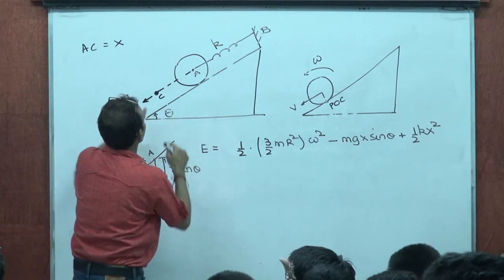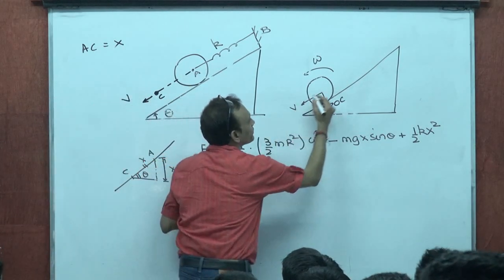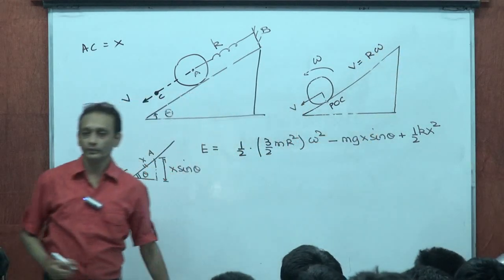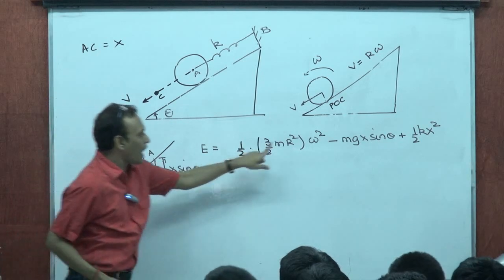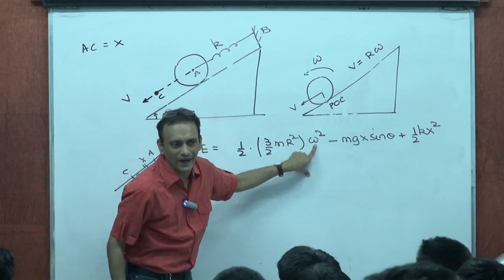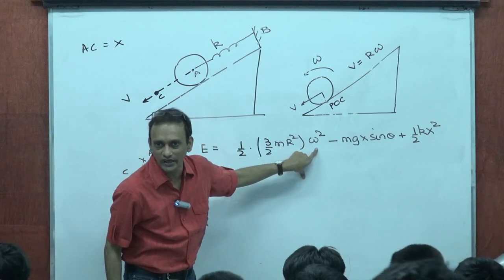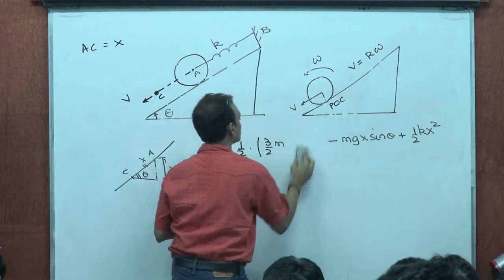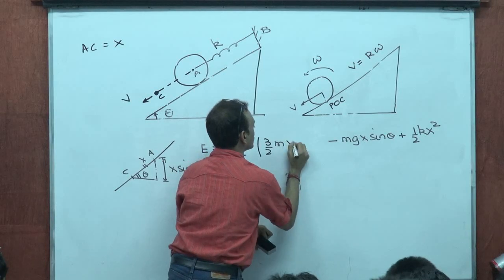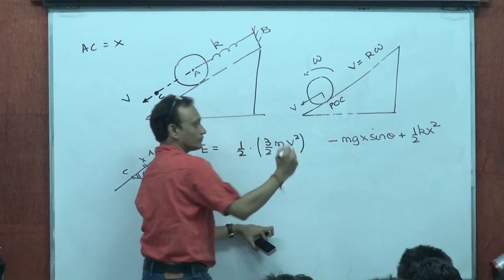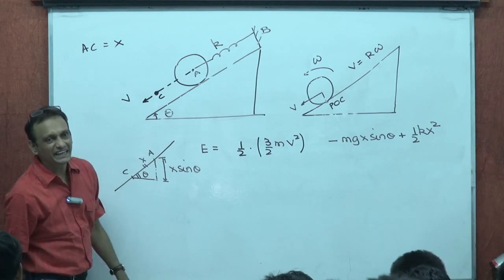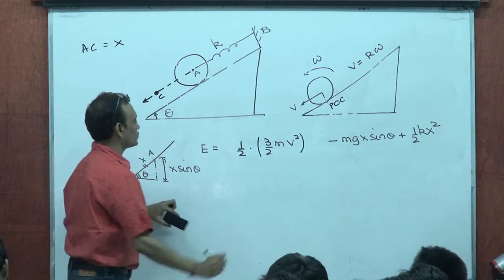Now, again, since it's rolling without slipping, can I also say that V is R omega? So R square omega squared is actually V squared. dE dt must be 0.